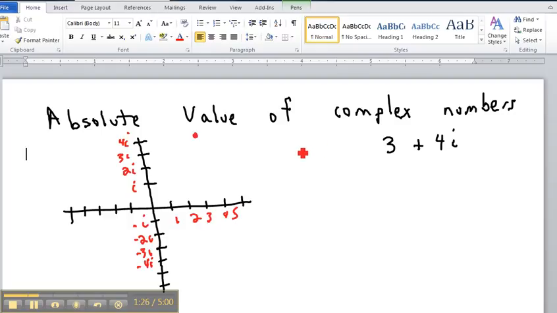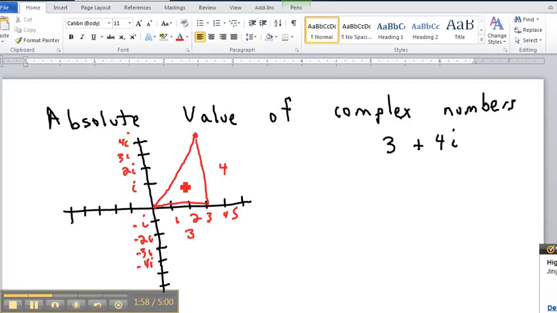What we're looking for essentially when we find the absolute value is, if we were to draw a right triangle here, this is 4 units, here that's 3 units. What we're really looking for is this value here, the length of the diagonal, which we're really just using the Pythagorean theorem to find, which is going to be 3 squared plus 4 squared equals unknown squared, then solve it.